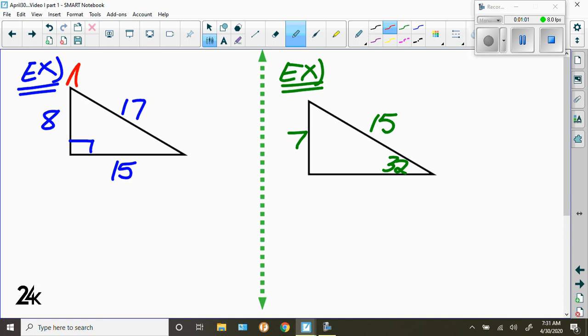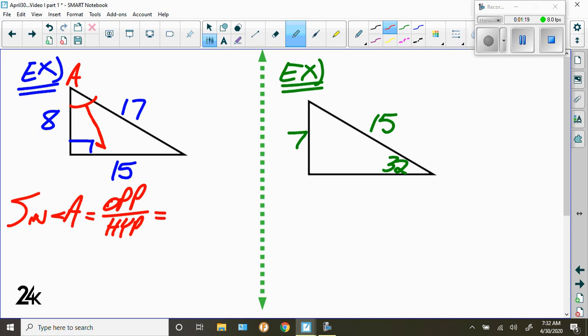If I said this is angle A, and I said, what is the sine of angle A? You would say that's opposite over hypotenuse. So the opposite is right there. It's always across from the angle that you mentioned.